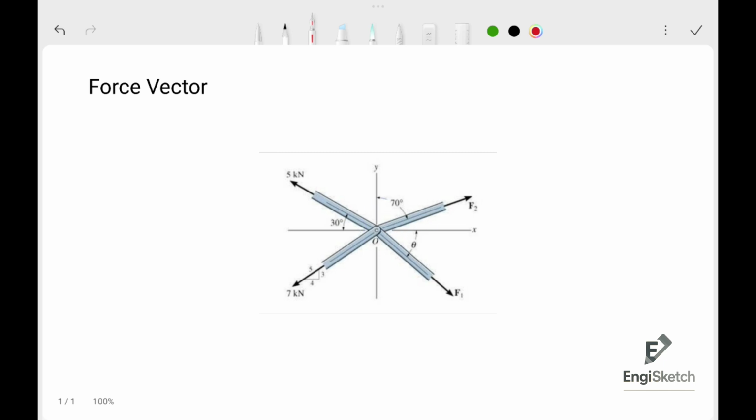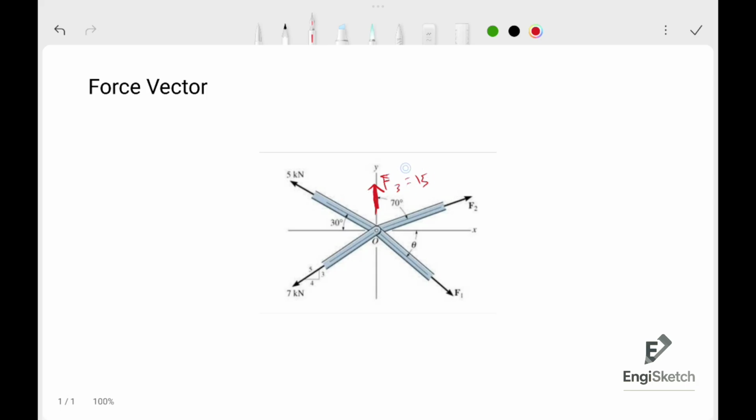When we have a force on the y-axis, for example, like this one, let's consider it as F3, for example. F3 equals 15. It will be on the y-axis easily.